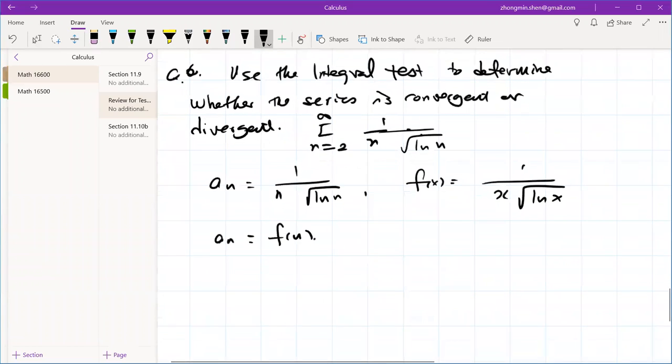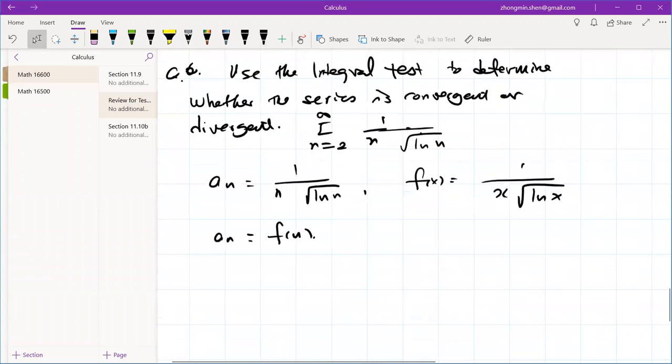In order to use the integral test, you have to check that f of x is positive. Second, f of x is decreasing. I think decreasing is obvious because the denominator is increasing.